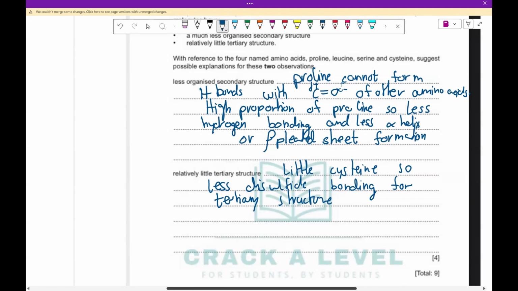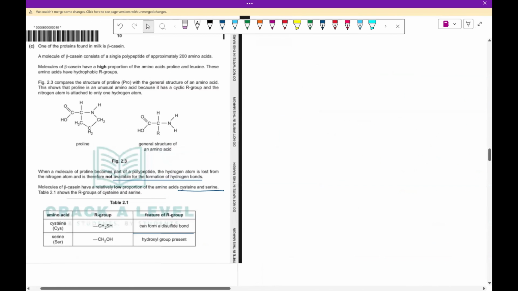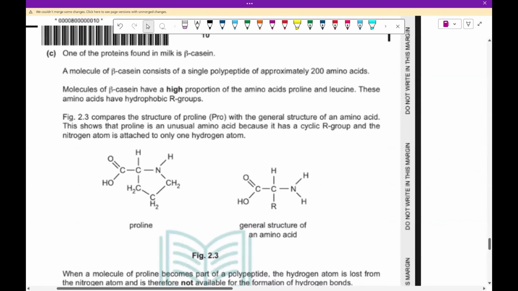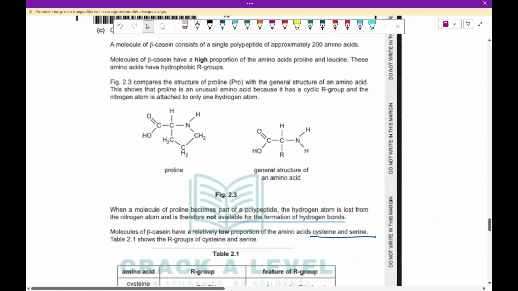And we also know that the similar R group is not charged. I don't think that's the valid reason.